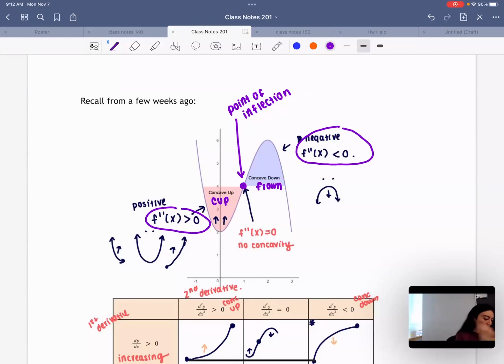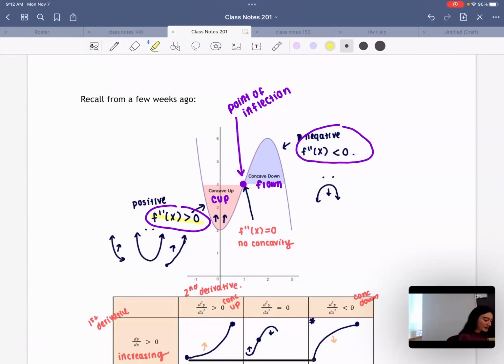Now, another thing about concavity that we talked about is when the second derivative is positive, we're concave up, and when the second derivative is negative, we're concave down. There are some points where the second derivative is 0, and not just equal to 0, but we're switching from being concave up to concave down. We had a special name for that, and we called it a point of inflection.